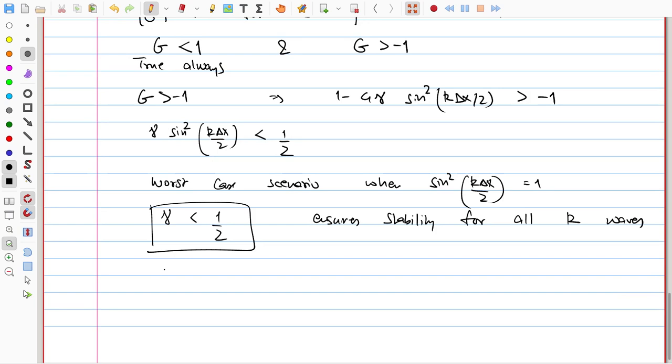So gamma was defined as alpha times delta t by delta x squared, that has to be less than half. In fact, if you look at the assignment, I have asked you in one of the problems to analyze the solution as you change gamma.